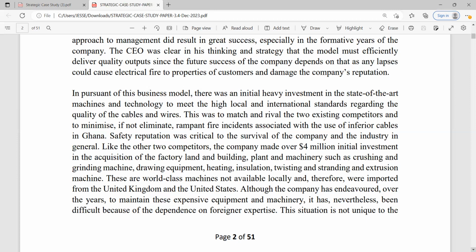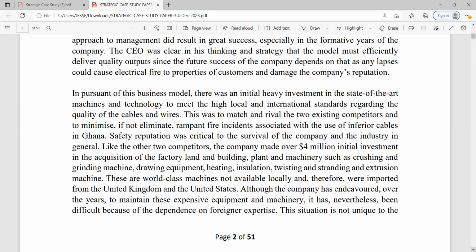Now, we are being told of technology here. So you need to know the value chain. In my previous lectures, I've explained the value chain. If you haven't watched the video, please do so. Right, so this was to match and rival the two existing competitors and to minimize, if not eliminate, rampant fire incidents associated with the use of inferior cables in Ghana.